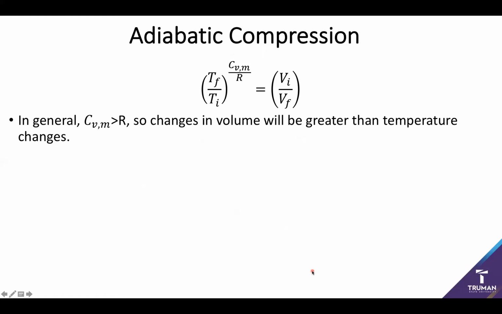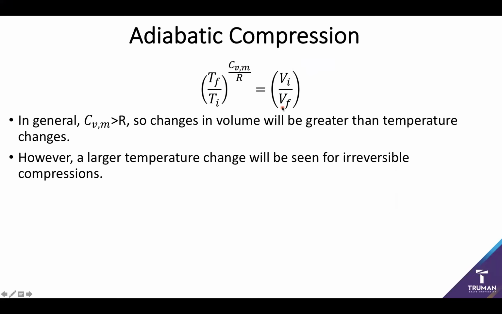So again, in general, any changes in our volume are going to be greater than our temperature changes, because we have this dampening, this exponential factor coming from our heat capacity. And essentially, the more energy I can pack into my gas, say if I have a diatomic gas where I can pack in a little bit more energy per given temperature, 5 halves R, we're going to see an even greater volume change.